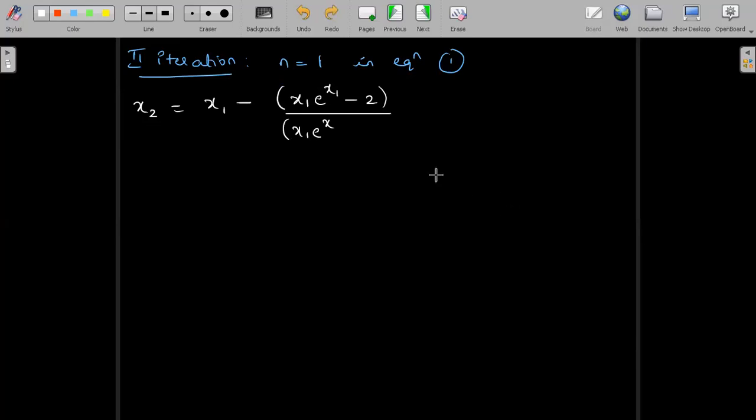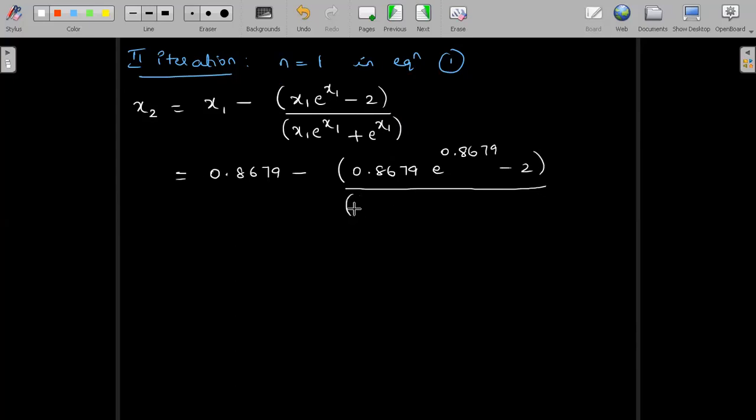Wherever n is there, I am substituting n is equal to 1. You can avoid this step. You can directly substitute the value of x1 and get the answer: 0.8679 minus 0.8679 e power 0.8679 minus 2, the whole divided by 0.8679 into e power 0.8679 plus e power 0.8679.